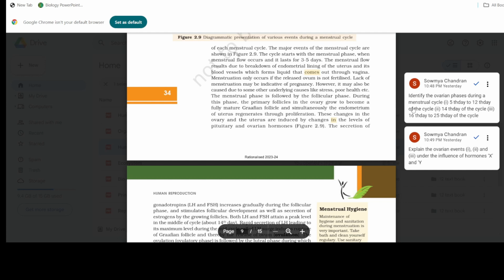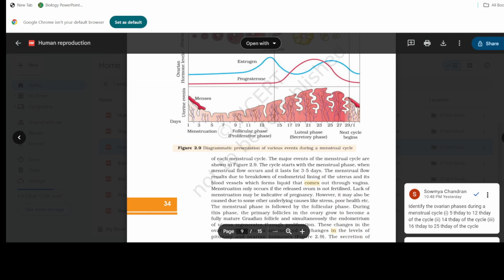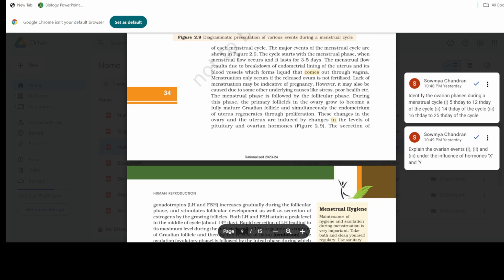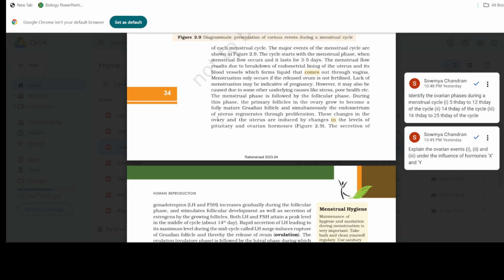So during the first phase, that is the 5th to 12th day, the follicular phase, the primary follicles in the ovary grow to become a fully mature Graafian follicle, and simultaneously the endometrium regenerates.